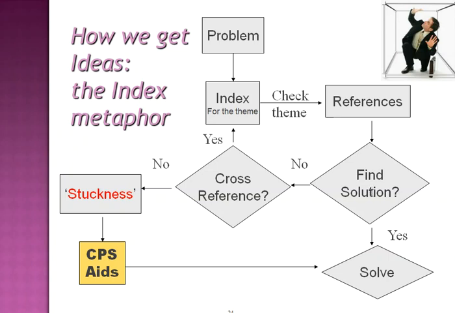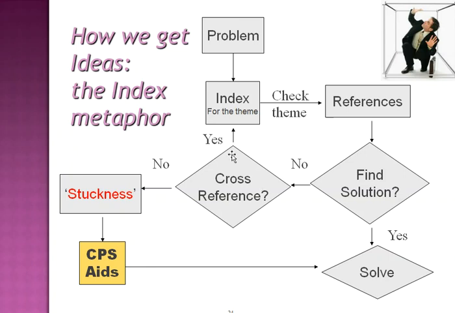If you found a solution, yes, so it's solved, right? And then it ends here. But if no, okay, so at this point we didn't find, so we begin to search again and again, cross references again and again, go back to index, okay, and then go to references and find a solution.